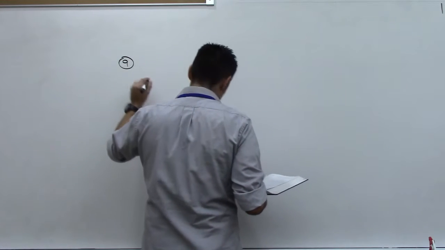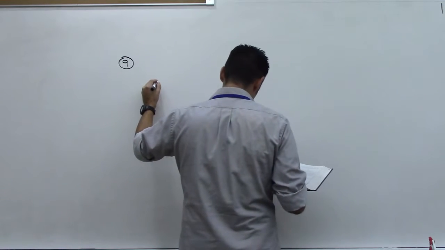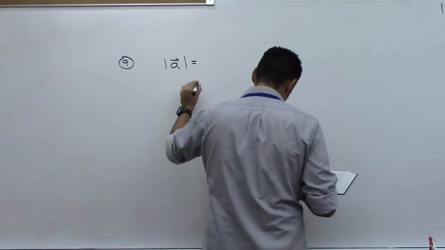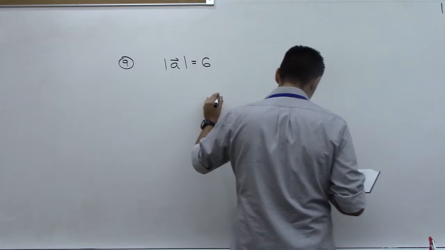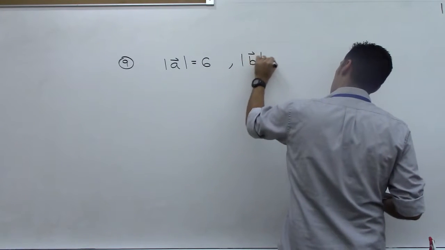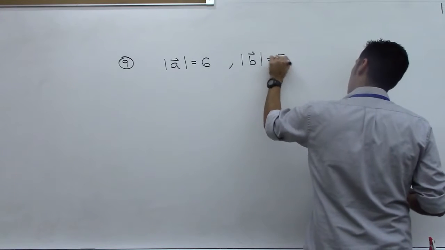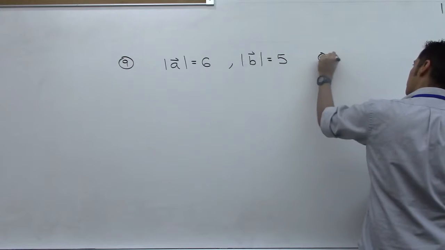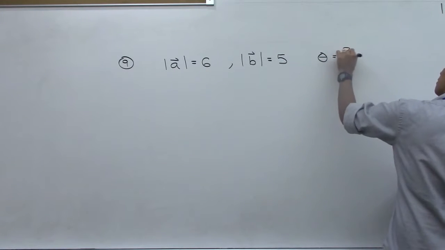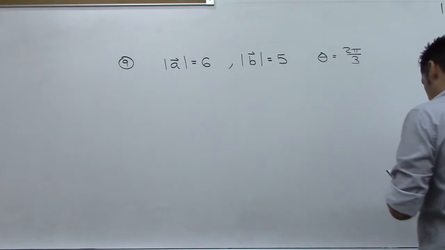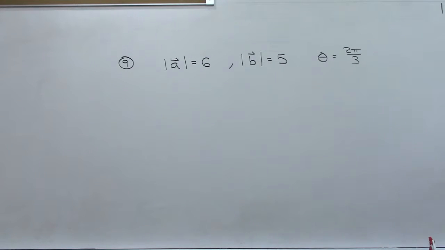So number 9, we're told that the magnitude of the vector A is 6, the magnitude of the vector B is 5, and the angle between these, which I'm going to call theta, is 2 pi over 3. And we're asked to find the dot product.